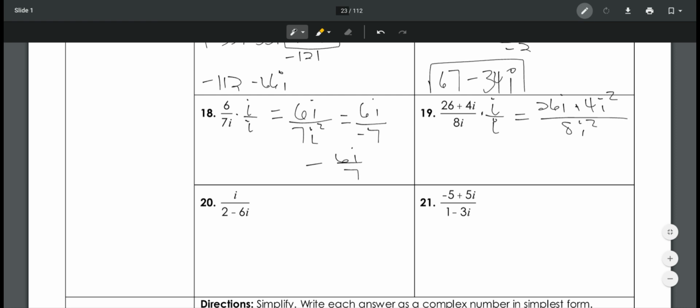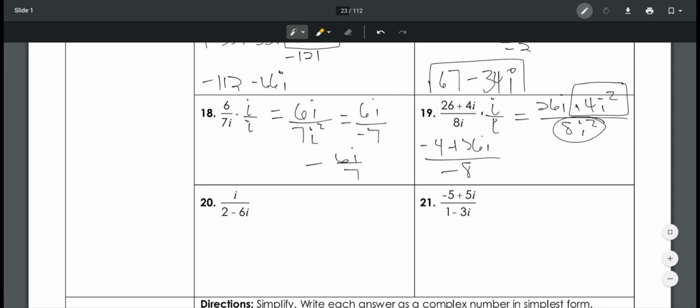Now, I can break down both of those i squares. So first, I'm going to write -4 plus 26i, because remember it has to be in a plus bi format, over -8, since 8i squared becomes -8.